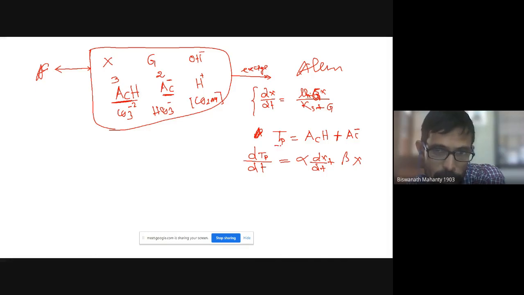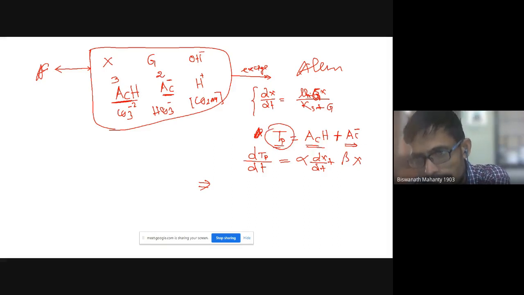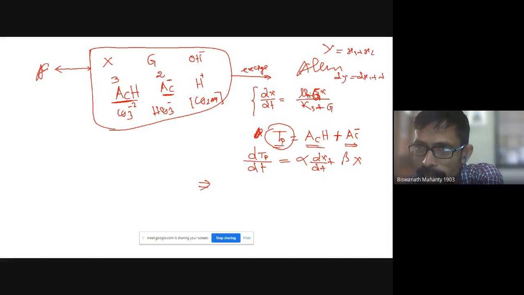Now you see, total product means this plus this. So can I write this in one line simply? If I make a derivative of this side, can I write dP/dt equal to d(acetic acid)/dt plus d(acetate)/dt? Simple derivative. You understand? Y equal to x1 plus x2. So can I write dy equal to dx1 plus dx2?